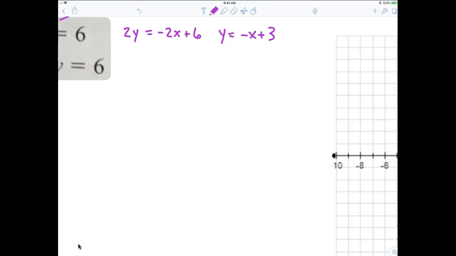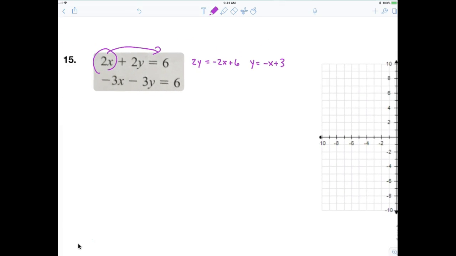All right. Now let's look at the next one. I have to throw over a what? The -3x. So now it's going to be -3y is equal to 3x plus 6. Now I'm going to have to do what? Divide by -3. Yep, you changed the sign.